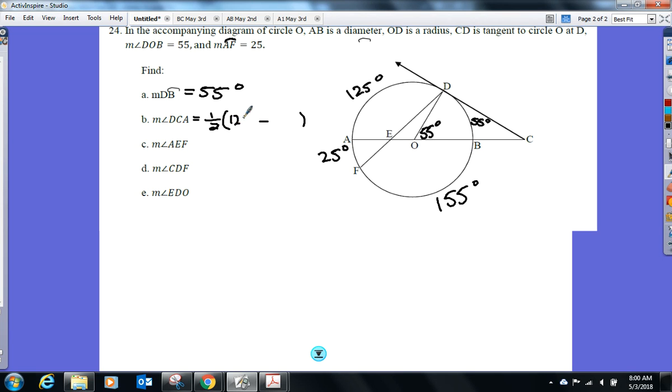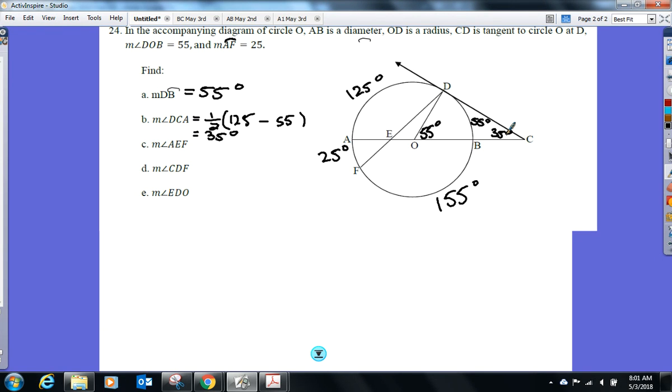So 125 minus 55. That angle on the outside, is that 35? All right, 35, and again, put it in there. Label it as 35 degrees. You never know, might need it down the line.